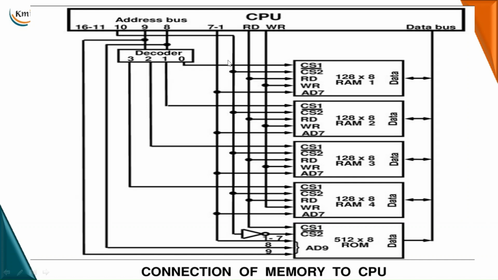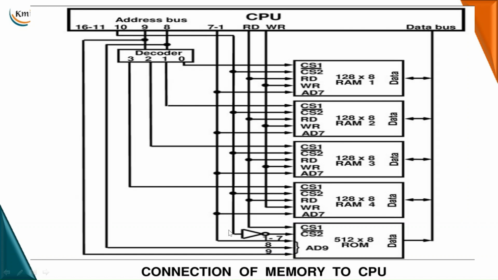This 10th bit is given as an input to CS2 bar. So if the 10th bit is 0, the RAM is selected. Again, which RAM of these 4 RAMs depends upon your 8 and 9 bits.